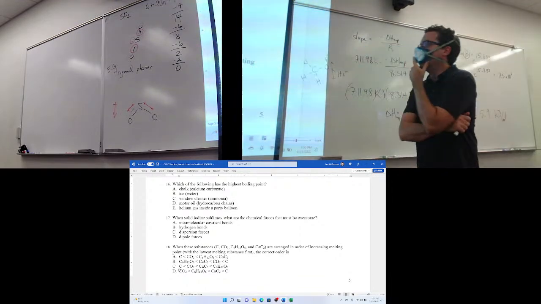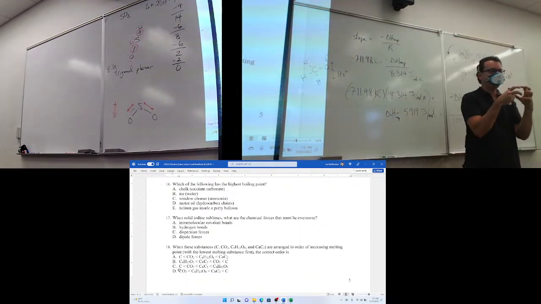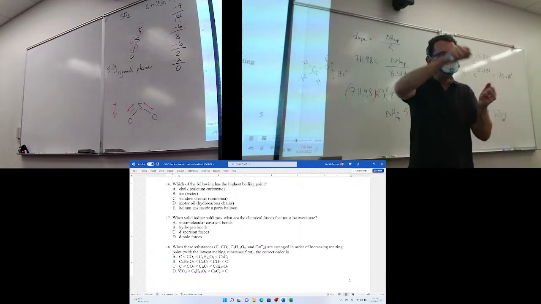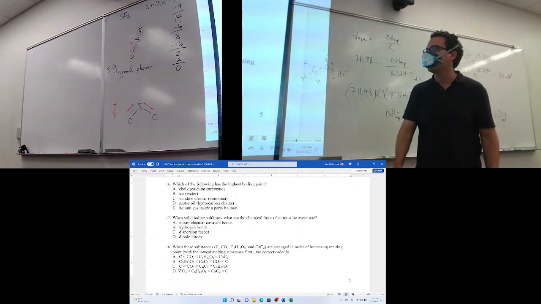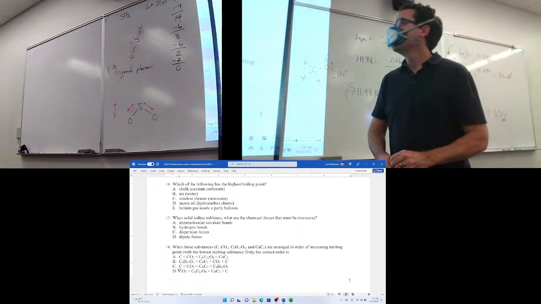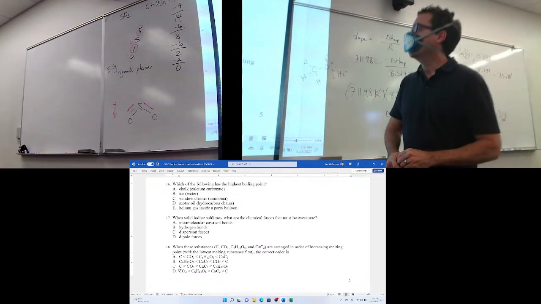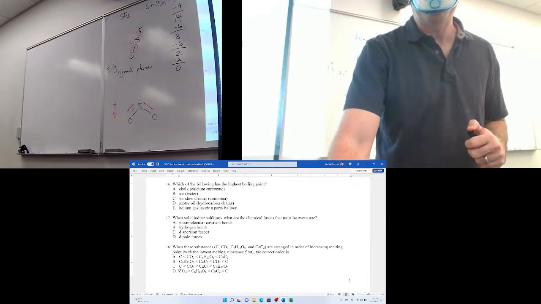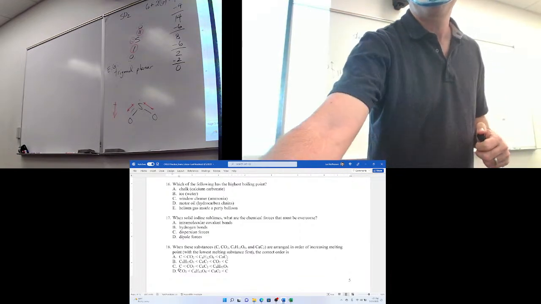Intramolecular covalent bonds are what hold the two iodines together into an I2 molecule, but you're not breaking that. You're just breaking the I2 connections, which is just dispersion forces. So C. Sublimation is solid to gas. It's a physical change. We're not chemically breaking any bonds.